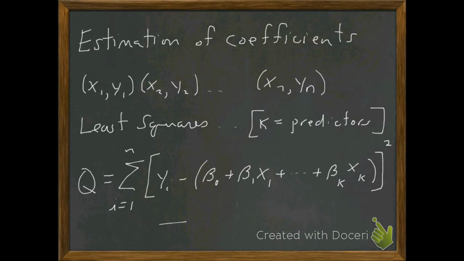So guys, here if we were going to minimize Q through the least squares approach, what we would do is take the derivatives and come up with the normal equations.